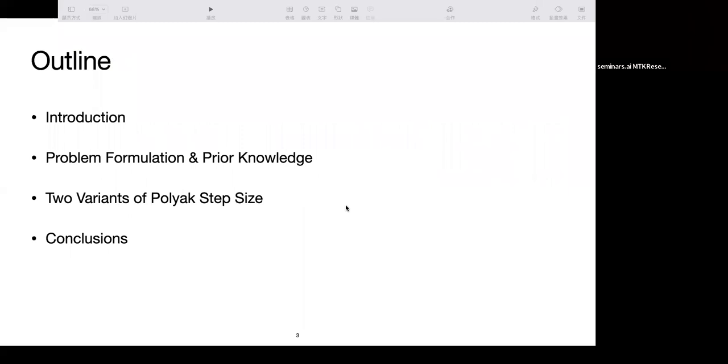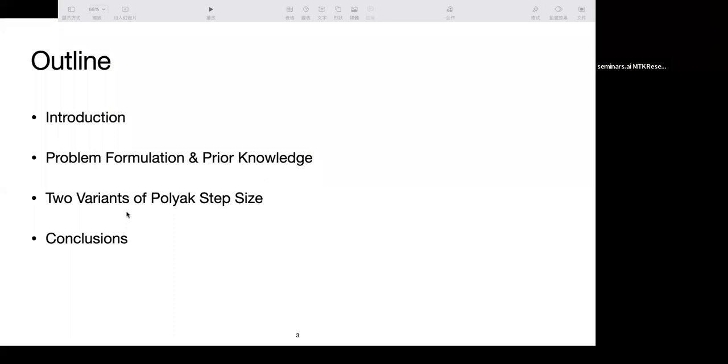And let's start with our outline today. So based on the abstract, first, I will give an introduction and the motivation of why we consider the Polyak step size and its variant. And then I will talk about the problem formulation and the prior knowledge, such as mirror descent and the standard Polyak step size, and its convergence rate guarantee.